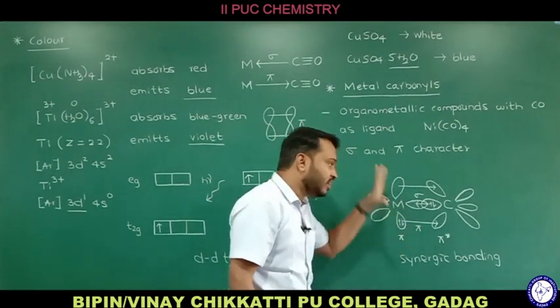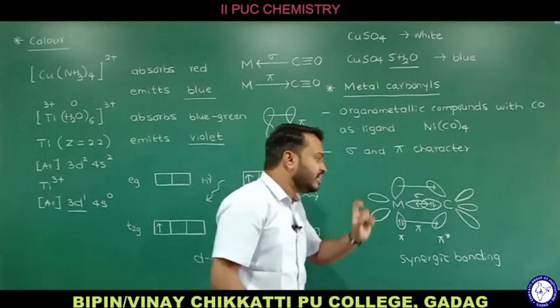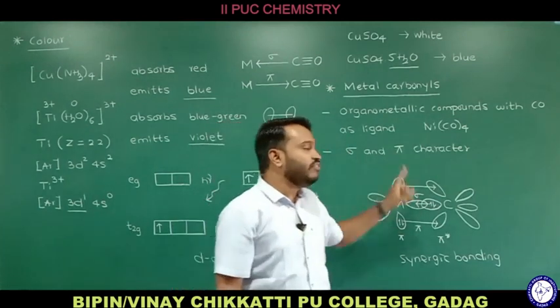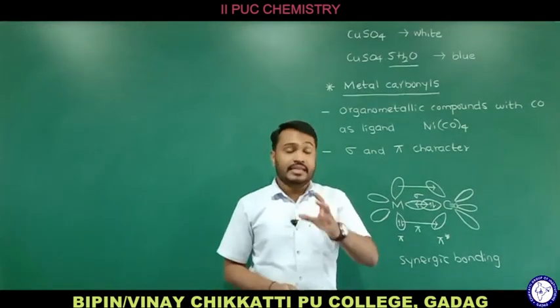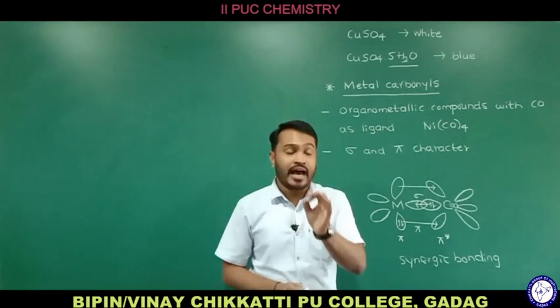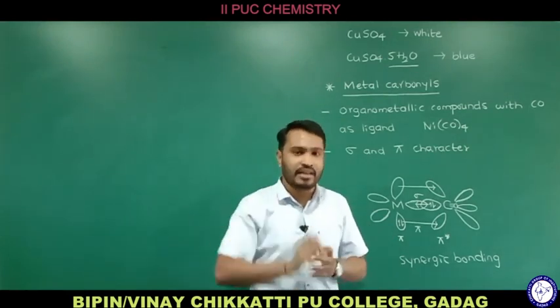Because of this reason, such compounds are quite stable, and this kind of diagrammatic representation explains why we have sigma bond as well as pi bond character in metal carbonyls. For metal carbonyls, the central metal atom has to be surrounded by a ligand, carbon monoxide or carbonyl.